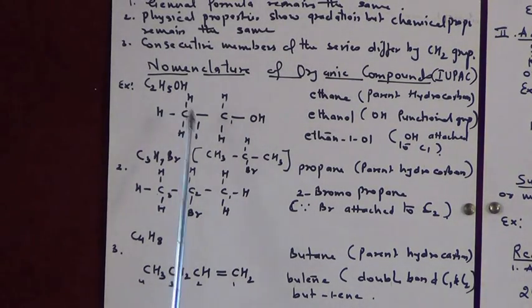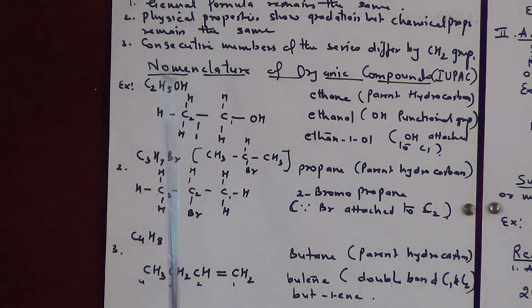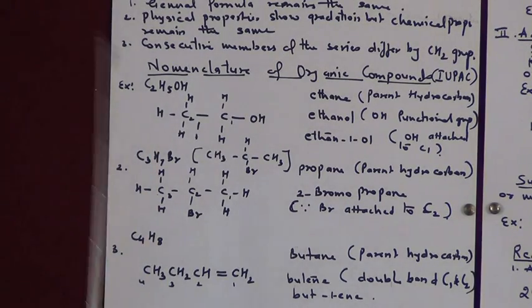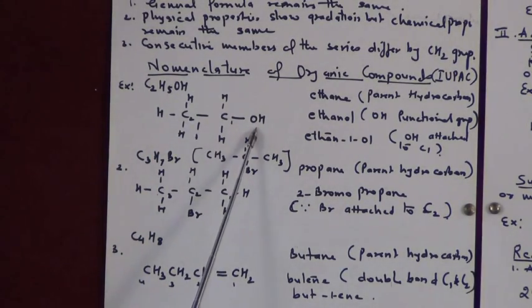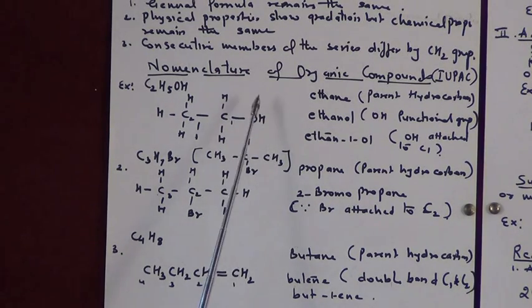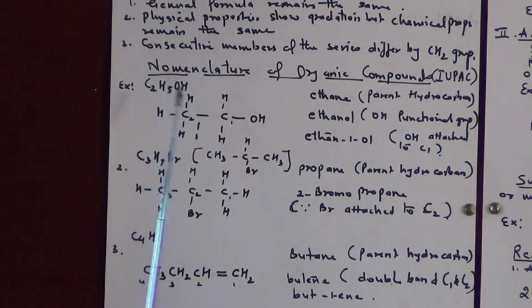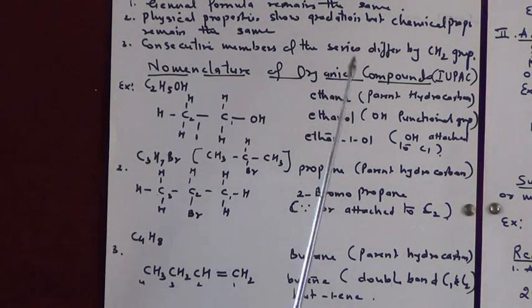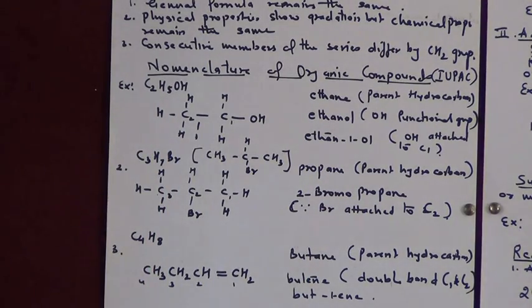For that we identify the number of carbon atoms that are used in this structural formula. Here we have two carbon atoms, and to one of the carbon atoms OH group is attached, that is the functional group alcohol, which means it belongs to the ethane parent hydrocarbon.